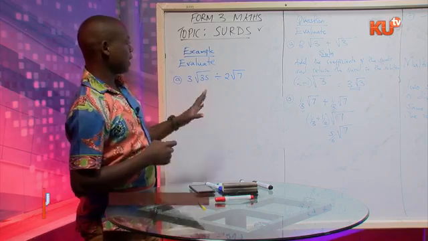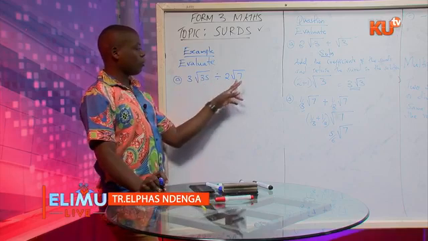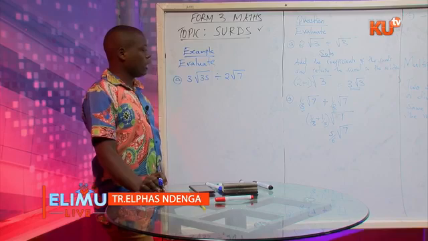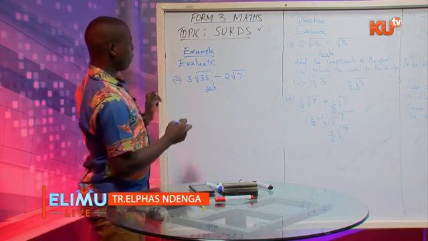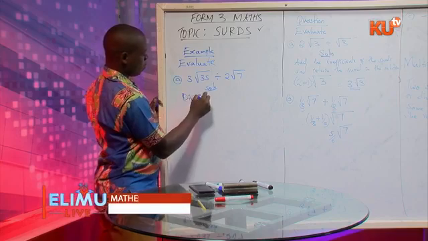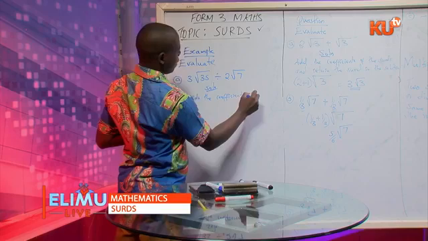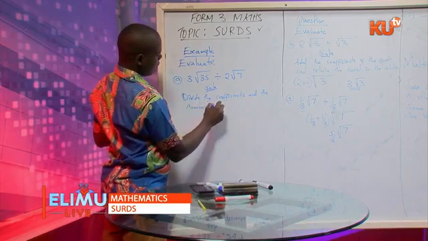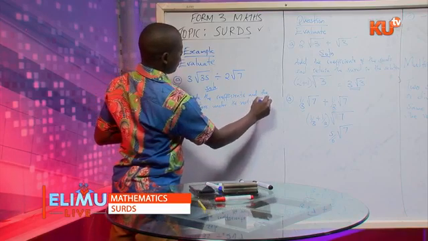When we are dividing, yes, they have to be of the same order. That's why you have this, order 2. But the numbers under the root sign could be different. So the procedure is to work out the coefficients first. That is simply, divide the coefficients and the numbers under the root sign separately.